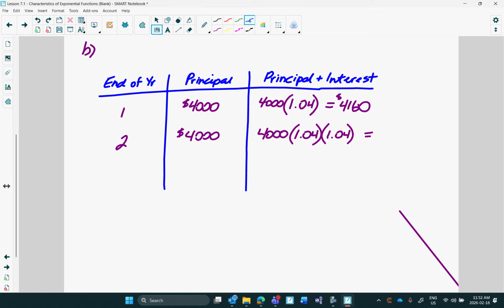So remember, this is year one, and then this is year two. And when you do that, you get $4,326.40. That's $326.40 of interest.